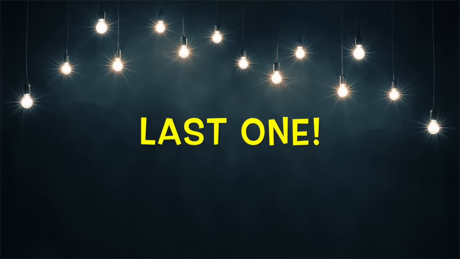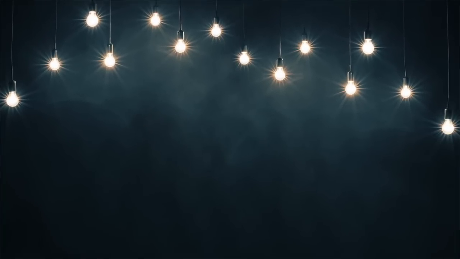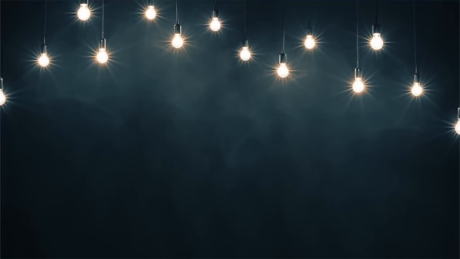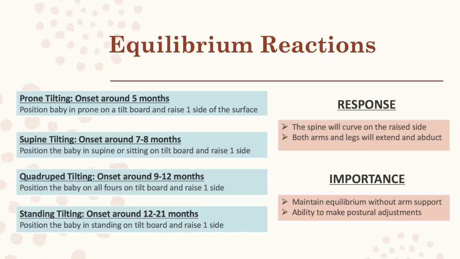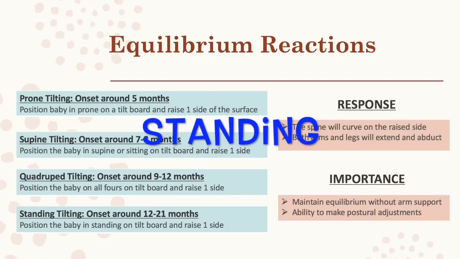Last one, we made it, guys. So let's wrap it up. Standing tilting. This one emerges around 12 months, and to test, you would position the baby in standing on the tilt board and again raise that one side.